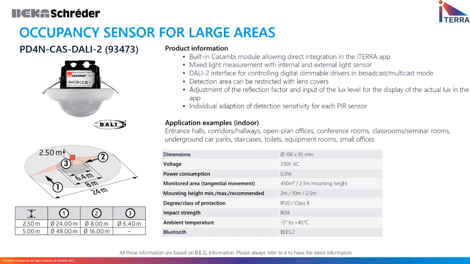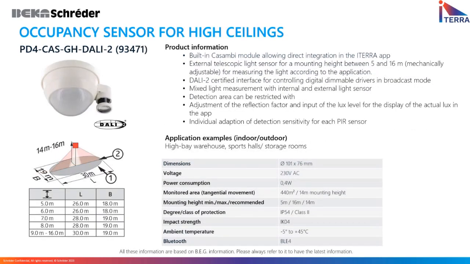The next one is just for large areas, offices, etc. And then we have another version for high-level ceilings, going up to a 16-meter detection. A very usable sensor, and again something that can be directly incorporated into the iTerra app, so no need for a connection between a controller and the device itself. It is fully functional by itself on the DALI bus.